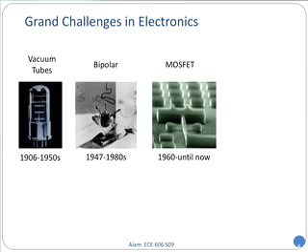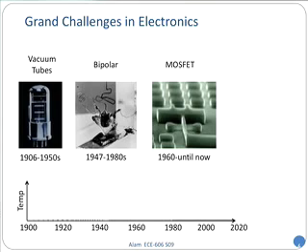As the MOSFET also comes to an end, the physics of the time of the MOSFET is coming to some sort of saturation, and we have a great opportunity for the future. So why did this transition occur? That you need to understand. The transition occurred because initially you have one vacuum tube, and you have some power dissipation as you hook it up with the battery.